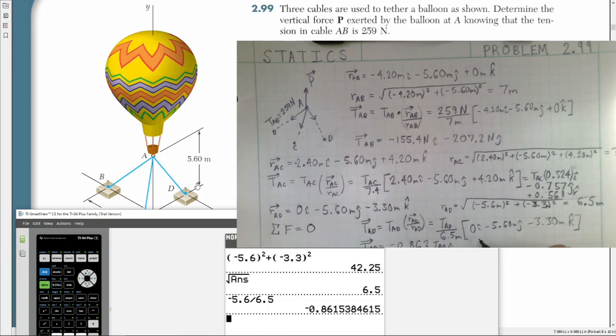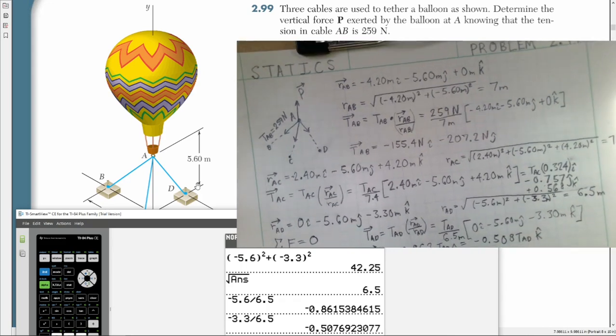There is no i component for tension AD. Then we divide negative 3.3 by the distance, 6.5, and it gives us negative 0.508, rounding up, times tension AD in the k hat direction.